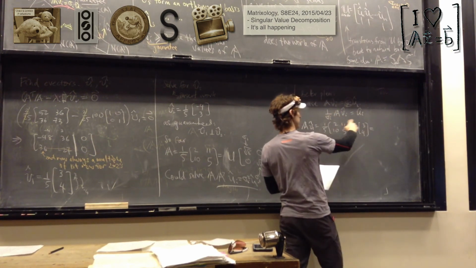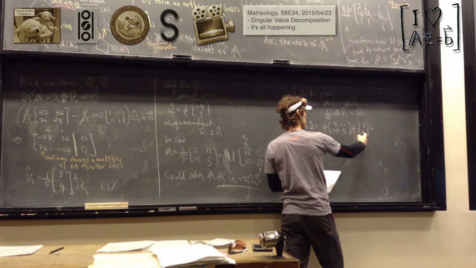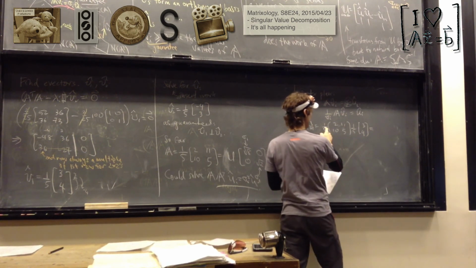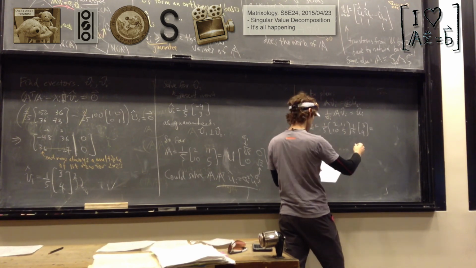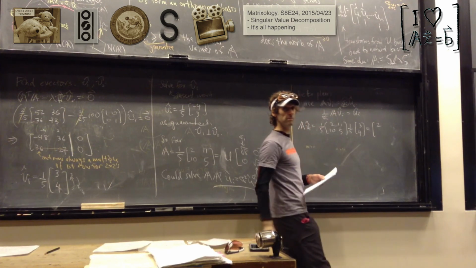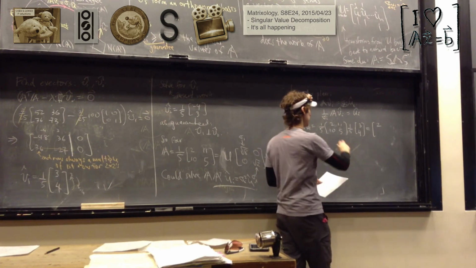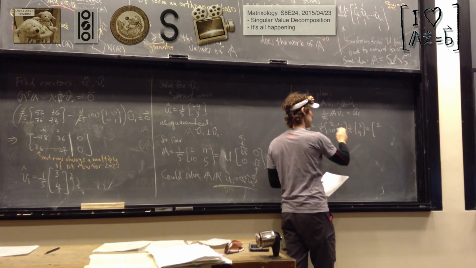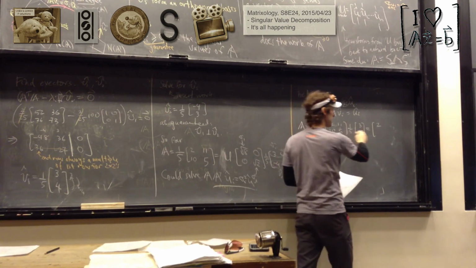So let's multiply through. We get 6 plus 44 is 50, divided by 5 is 10. Right? 10 times 3 is 30, plus 5 times 4 is 50, divided by 5 gives us another 10.